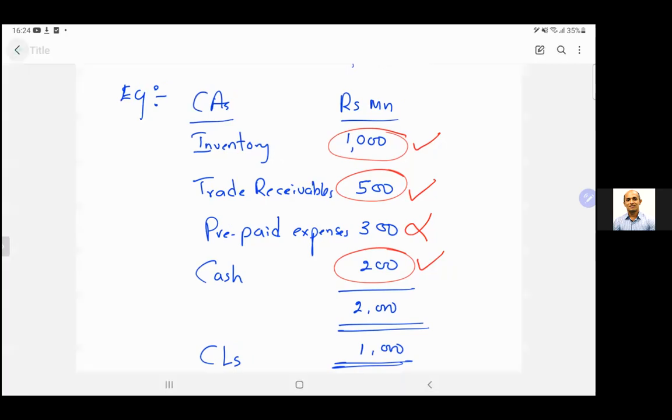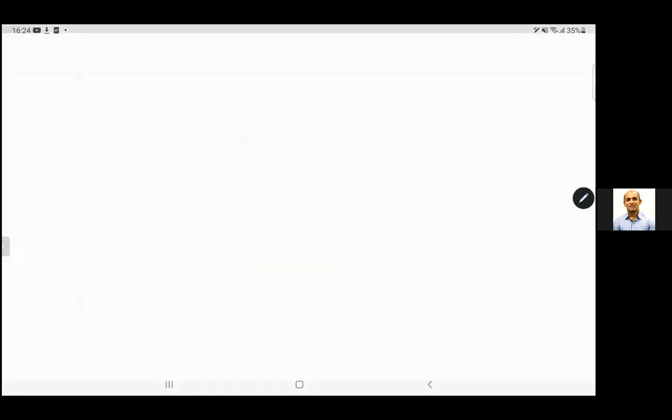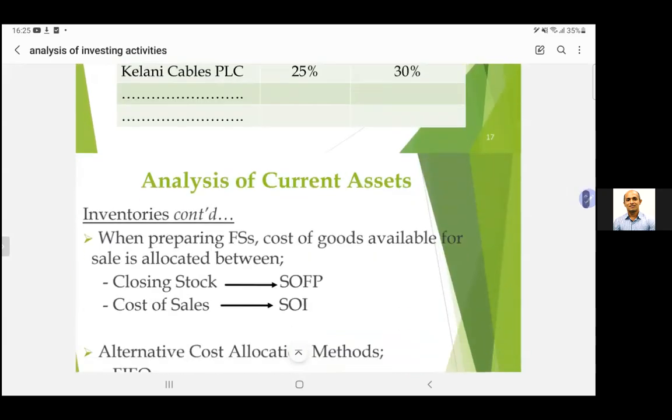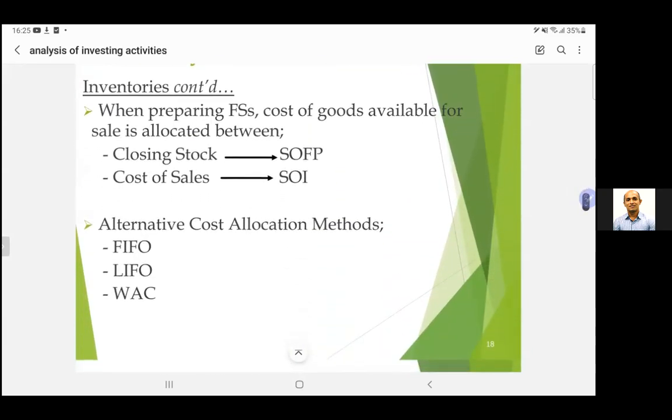Now let's analyze inventory. You know the inventory cost allocation methods, right? You have studied those.